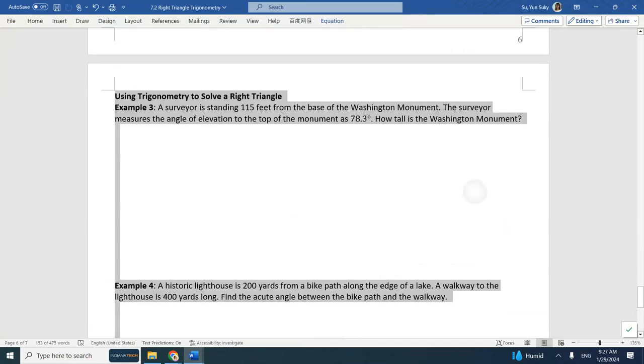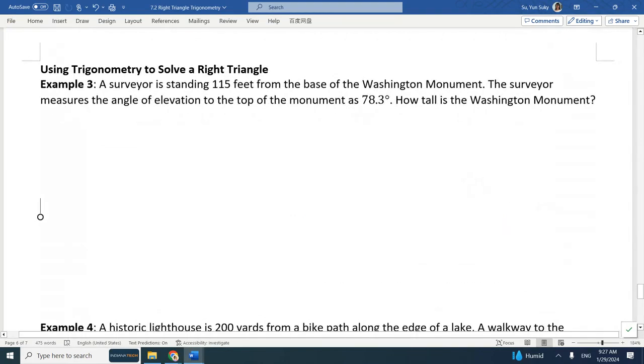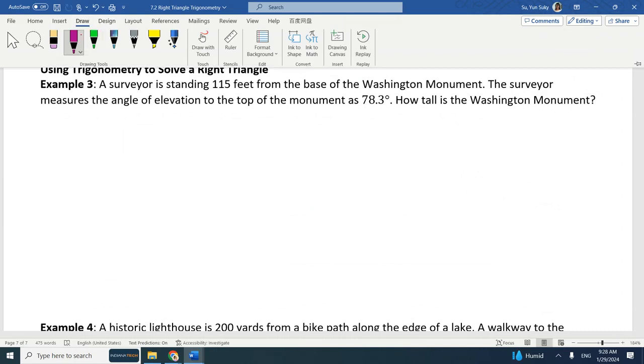All right, story problem. Now we're going to look at the word problem and draw a picture. A surveyor is standing 115 feet from the base of Washington Monument. Have you been to Washington? No? Yes? Okay. Let's draw a picture.